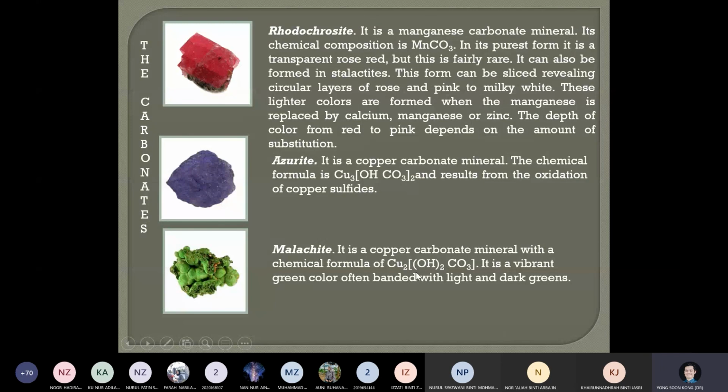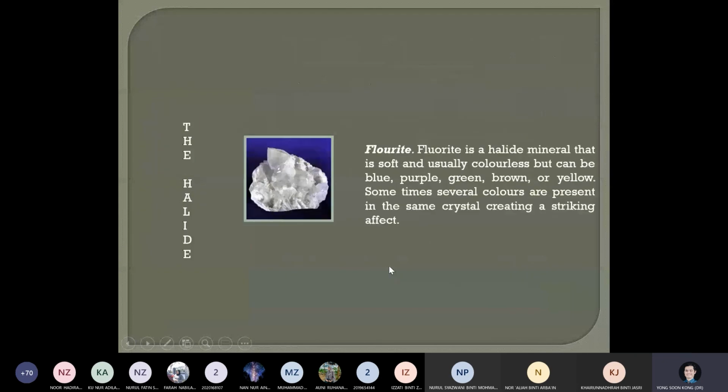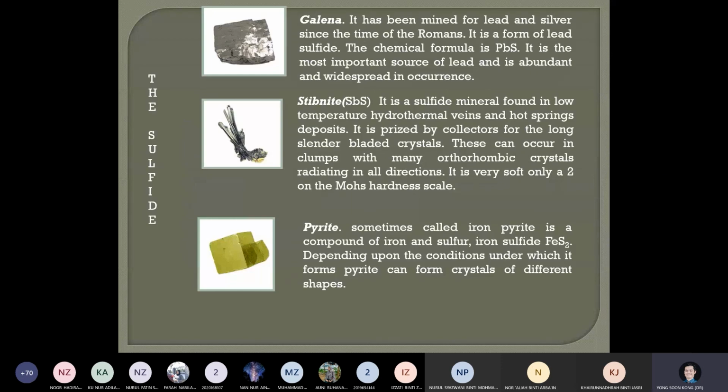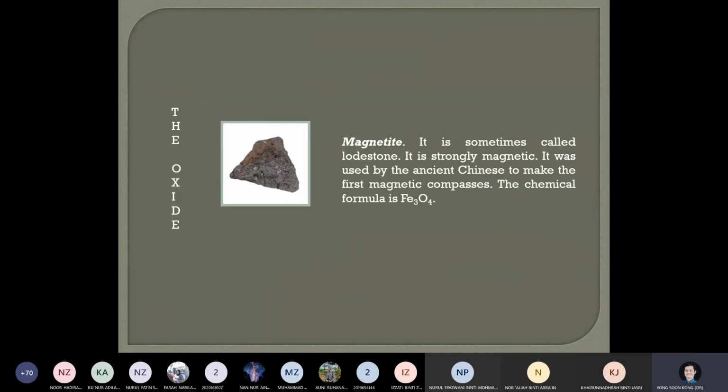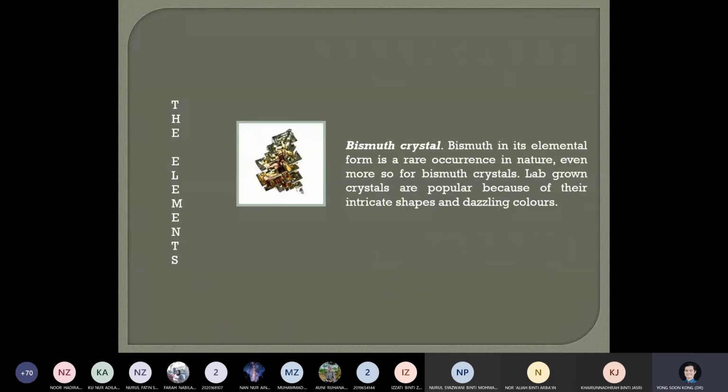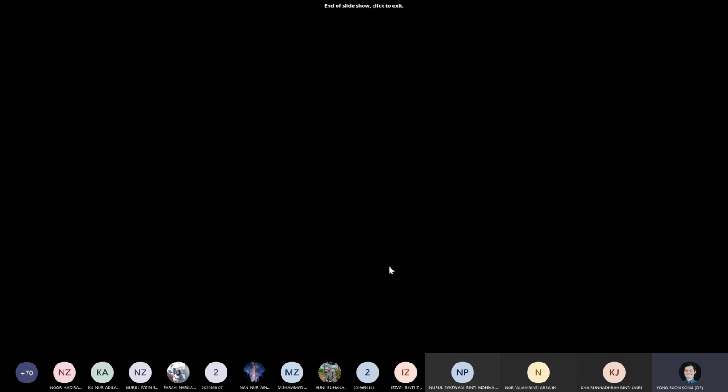So you see, it depends on what kind of transition elements you have and what the oxidation state is. So you can actually count the oxidation state of this copper, and this copper is different. That's why they give you different color. Okay, halite has nothing, just fluoride, so they are white in color. And the rest of it, I leave it for your reference because I won't ask you questions about this.